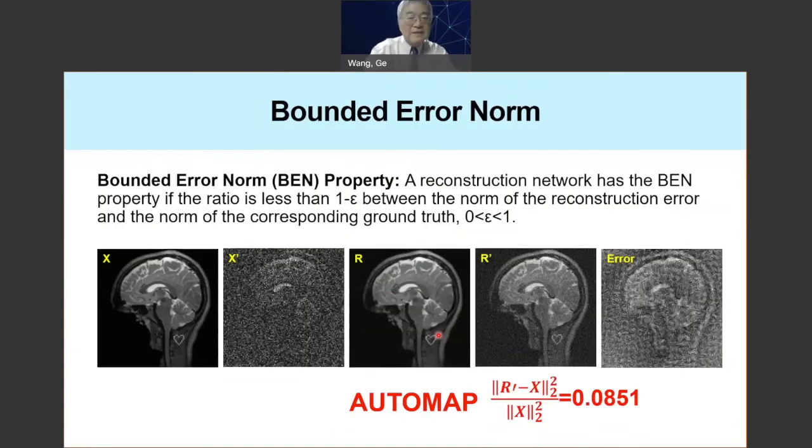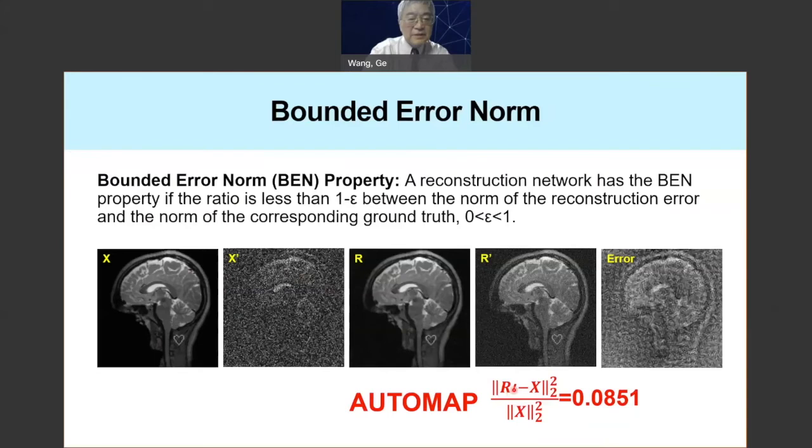Recently, we analyzed the convergence of the ISAD framework I just mentioned. We assume a bounded error norm property, which we call the BEN property. Basically, it is shown here. You have the ground truth image, then you have a reconstruction. The reconstructed image and the ground truth image are not a whole lot different in the L2 norm sense.